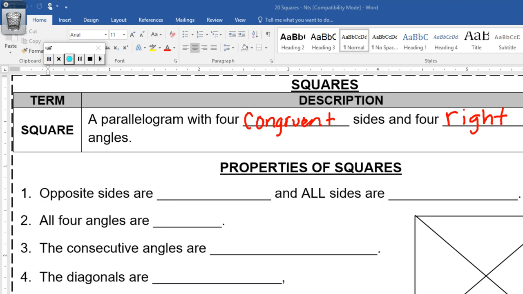The properties of a square: opposite sides are going to be parallel, and all sides are going to be congruent. All 4 angles are going to be right. The consecutive angles are supplementary.